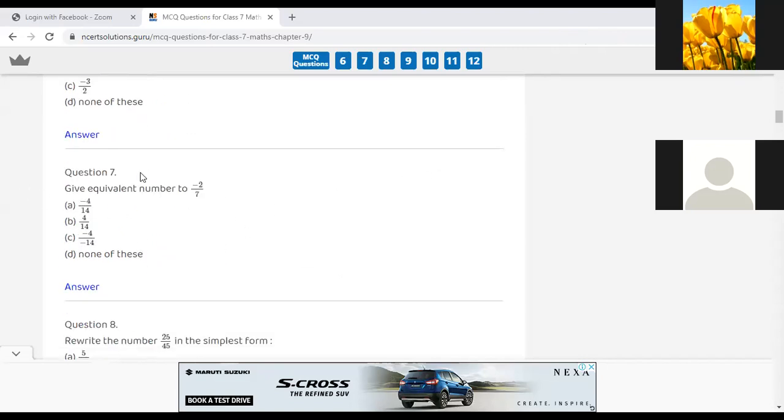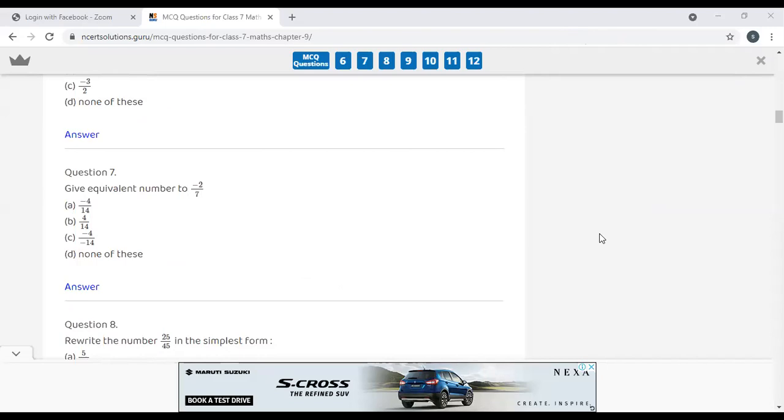Next is the equivalent number to minus 2/7. Who will tell me how you will find equivalent numbers? -4/14.